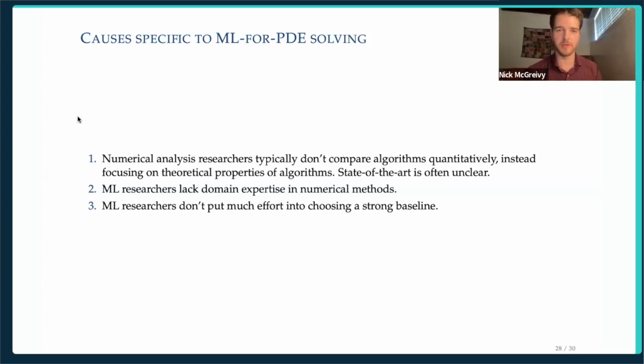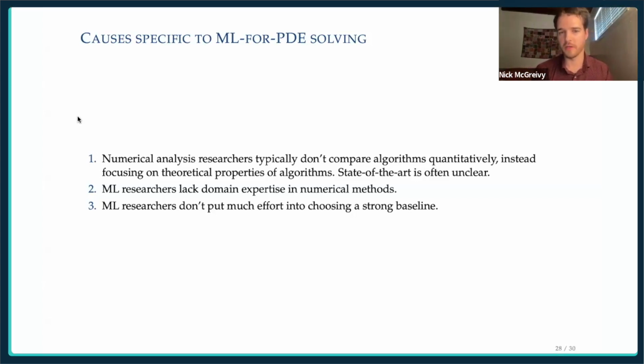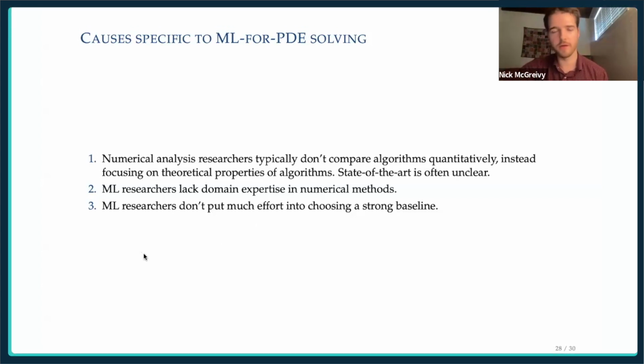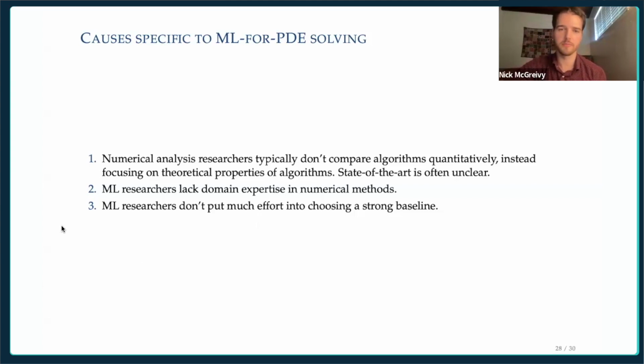You need a lot of expertise to know what the right method is, or at least what the state-of-the-art method is for a given PDE. And then the third thing was that I just didn't see people putting a lot of effort into choosing baselines for the most part. People just took what method they knew of or what package they knew of, and didn't realize that actually this makes a really big difference in terms of interpreting your results.